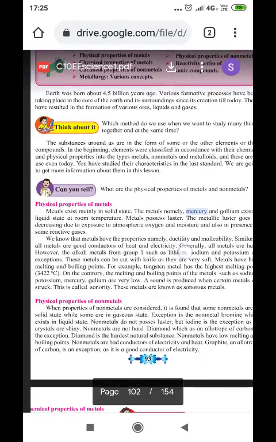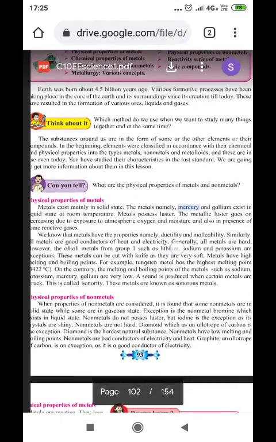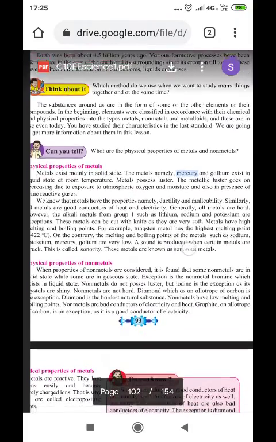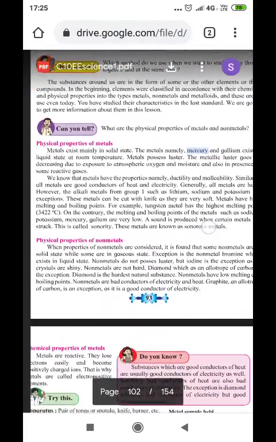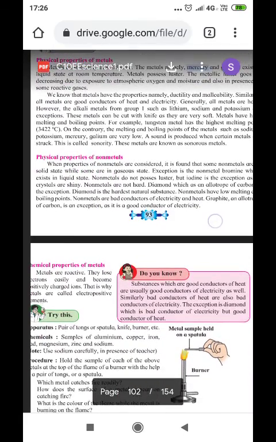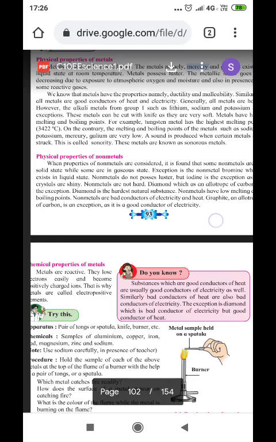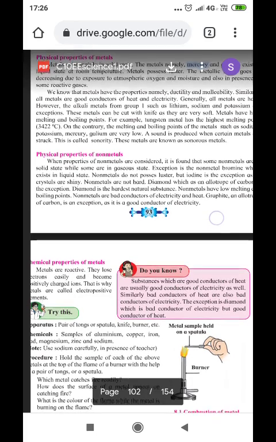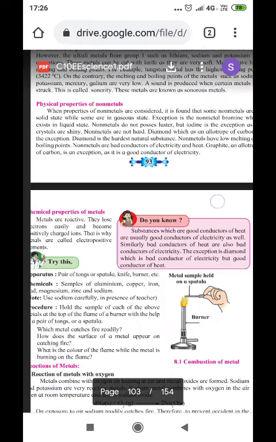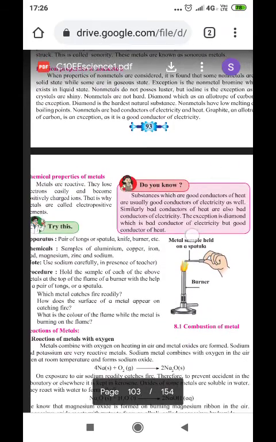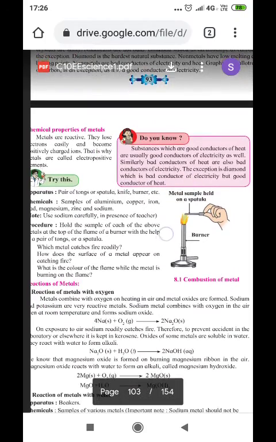We are going to get more information about them in this lesson. Now, the physical properties of metals and non-metals have been mentioned here. You just have to go through it once. Though this part is deleted, it can be asked in the form of objectives or additional questions or non-textual questions. So, you just have to read it once.